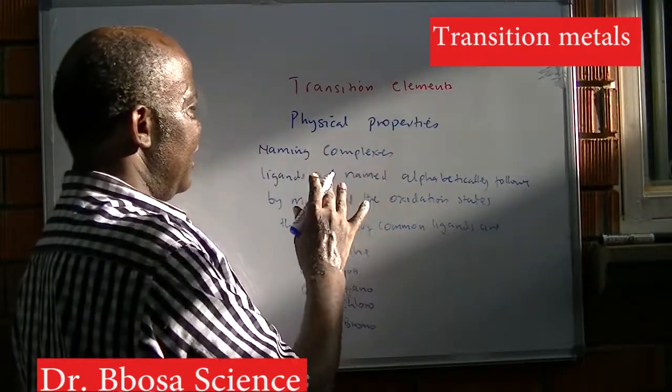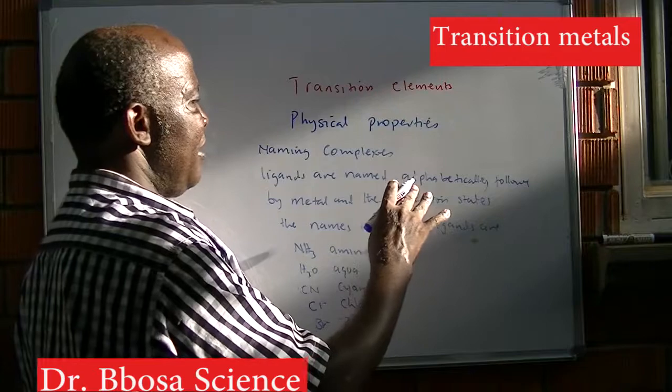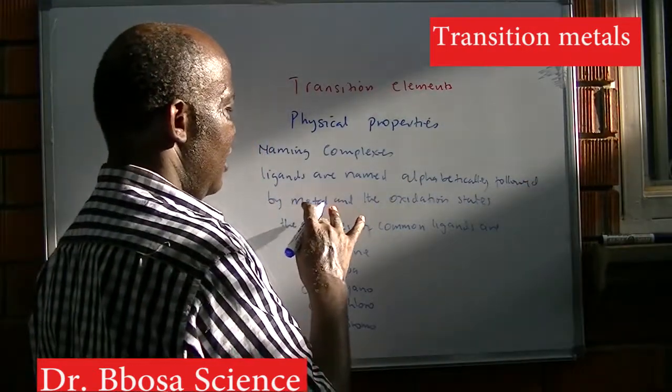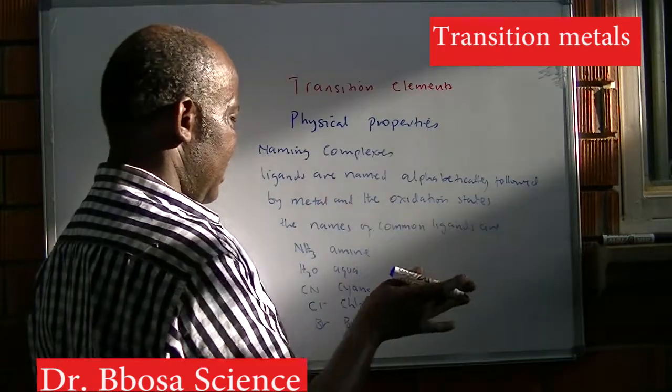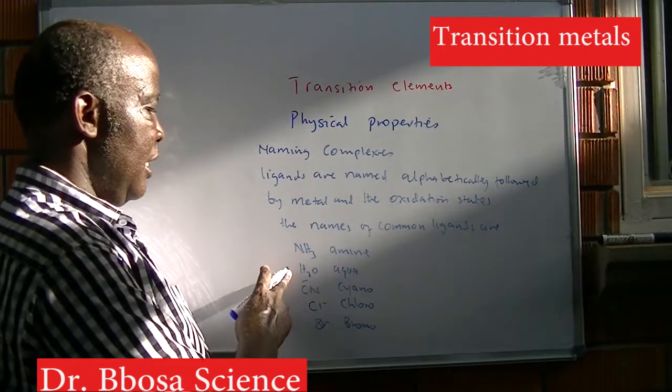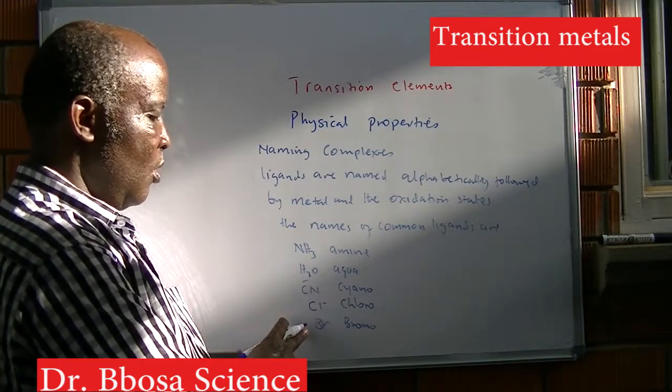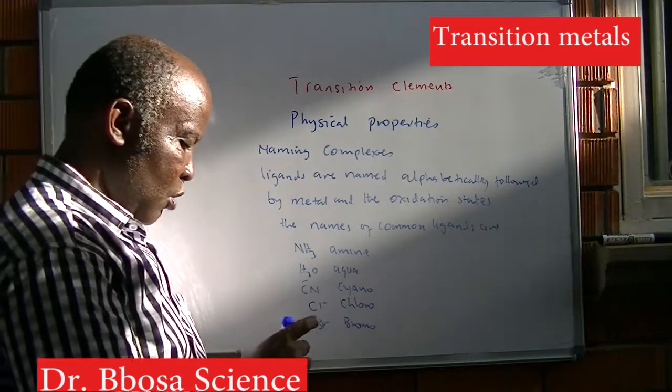Naming complexes. Ligands are named alphabetically, followed by metal and oxidation state. Amine, aqua, cyano, fluoro, bromo, and so on.